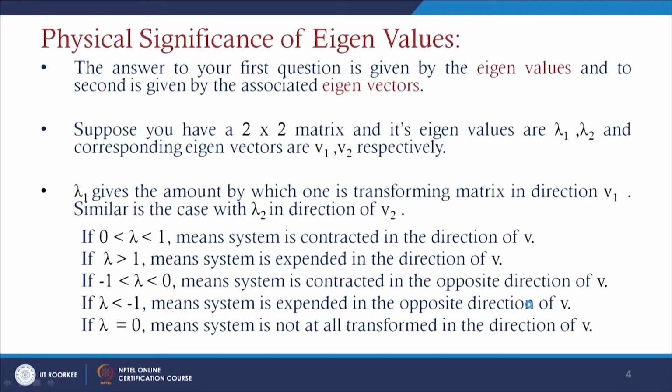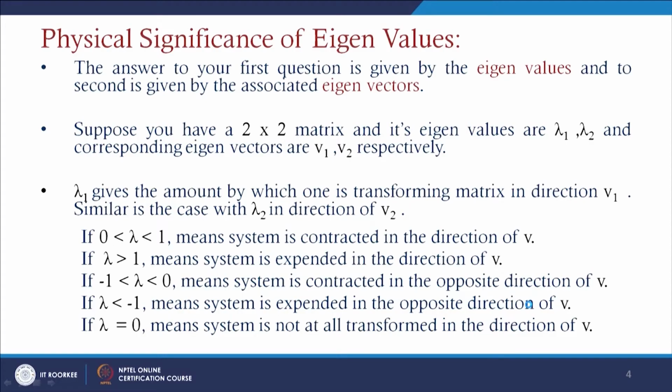If we go a little deeper into the physical sense of eigenvalues, the first question that arises is, if the eigenvalue is given, how is it associated with the eigenvectors?